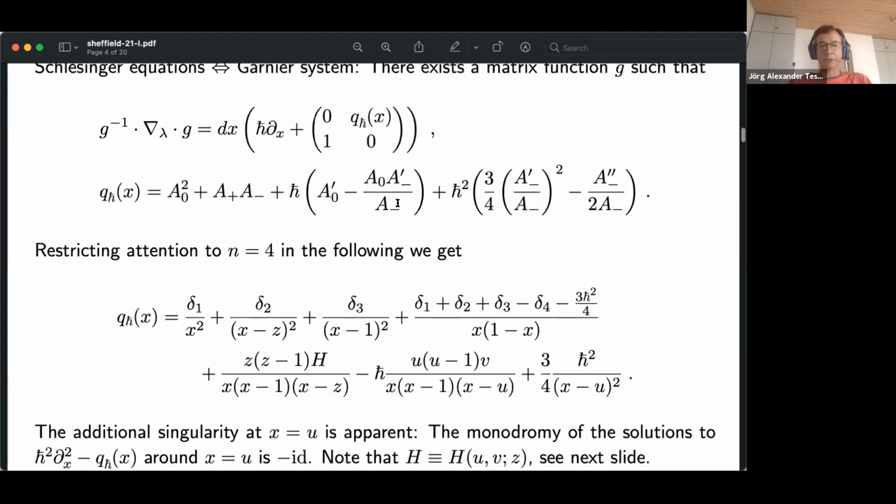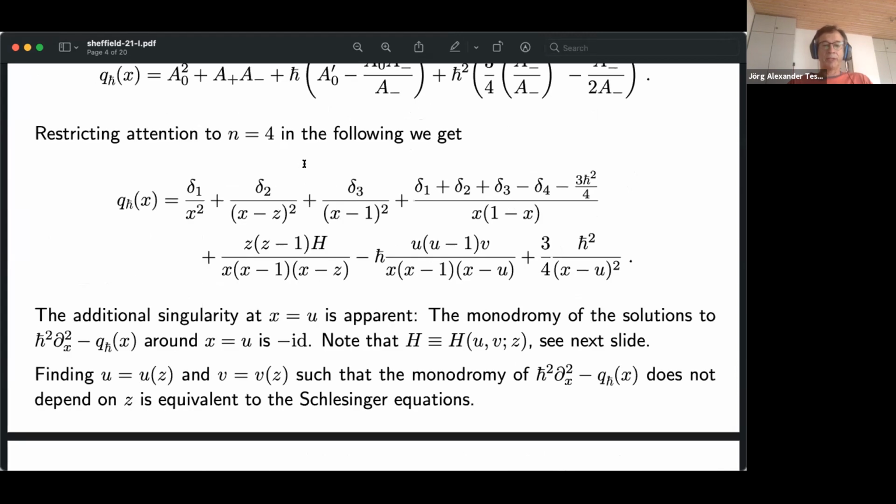This, if you just go back, is equivalent to the monodromy of this particular connection staying constant. So this is nothing but a rewriting of Schlesinger's equation in different variables, and the variables to be kept in mind are u and v.